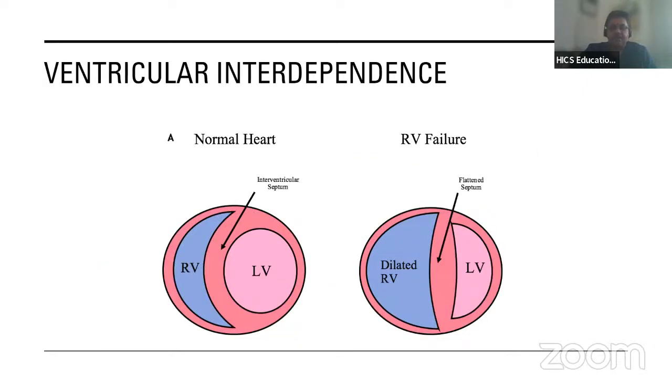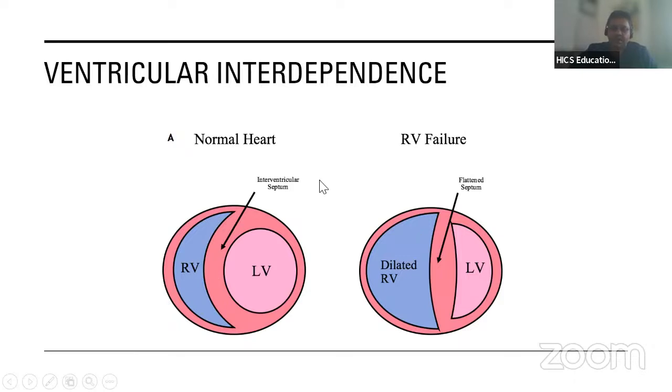Now, this is the concept of ventricular interdependence. In a normal heart, the left ventricle predominates, and the interventricular septum bulges into the right ventricular cavity, and therefore you get a half-moon or signet-shaped right ventricle. This is what you can appreciate in the apical two-chamber view of the echocardiogram.